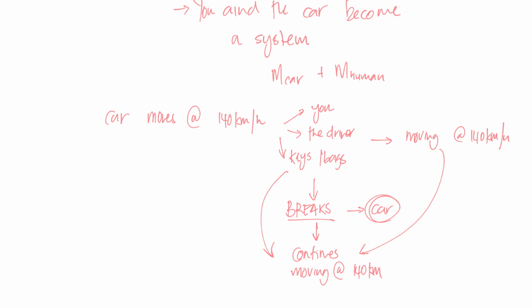So if you aren't wearing your seat belt, you're going through the windshield at 140 kilometers per hour, or you're going to hit the back of the driver or passenger seat at the same speed.